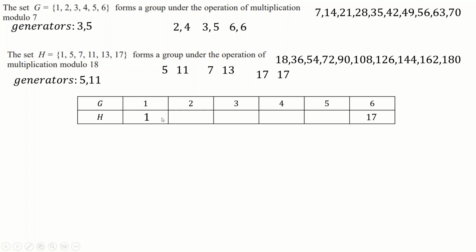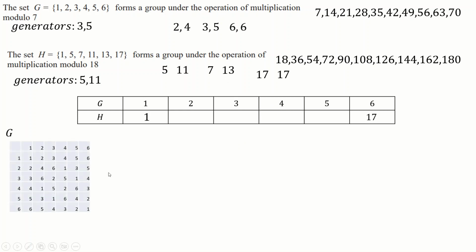So in an isomorphism like this, if there's a generator here, there must be a generator here. So the only thing that can go below 3 here is 5 or 11, and likewise the only thing that can go with 5 is again 5 or 11. So the generators must match up, and the non-generators must match up. But also these pairs must match up with each other as well.